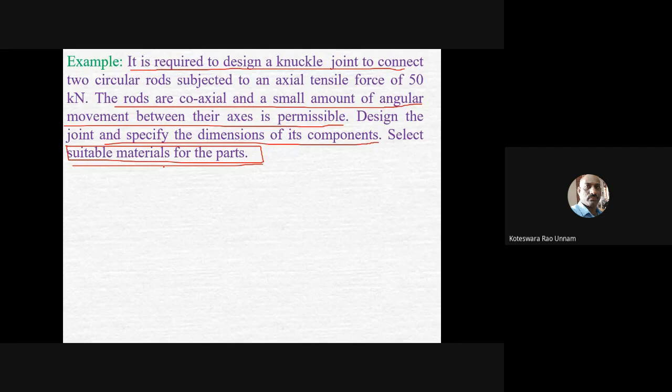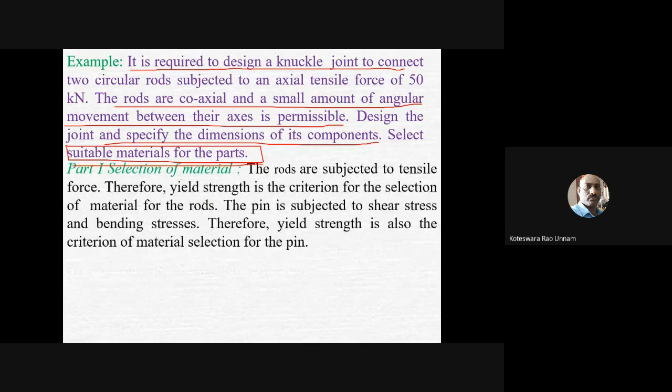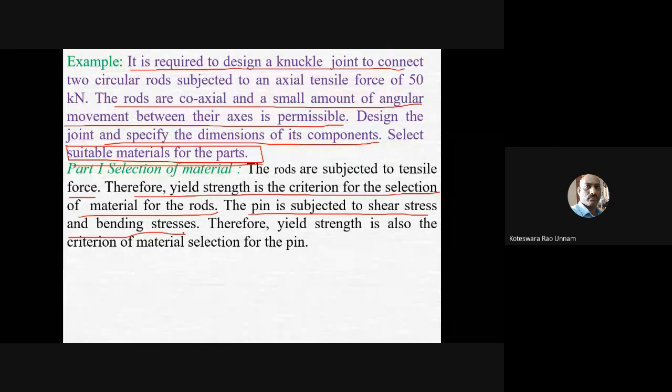You have to look at the failure criteria. If you assume all the parts fail by yield, then yield strength is going to be your criteria. That's what I have written here. Selection of material: the rods are subjected to tensile force. Therefore, yield strength is the criterion for the selection of the material for the rods. The pin is subjected to shear stress and bending stress, as we have already seen in the design procedure.